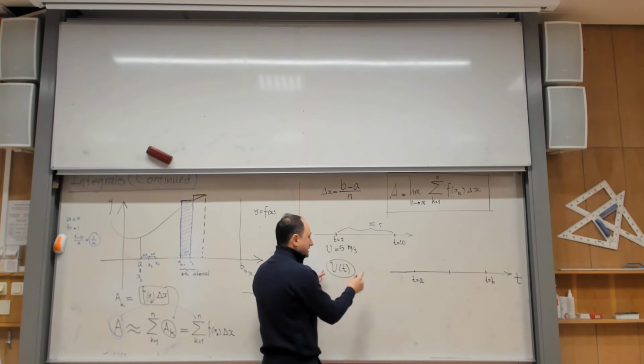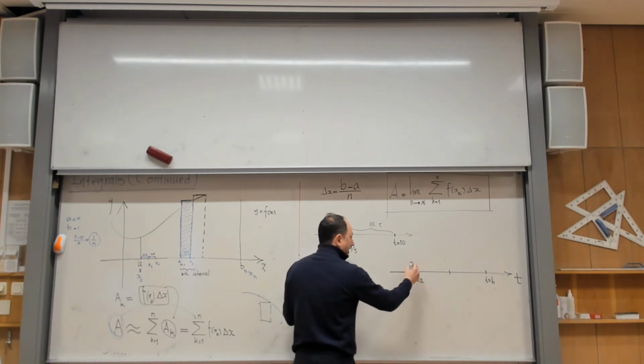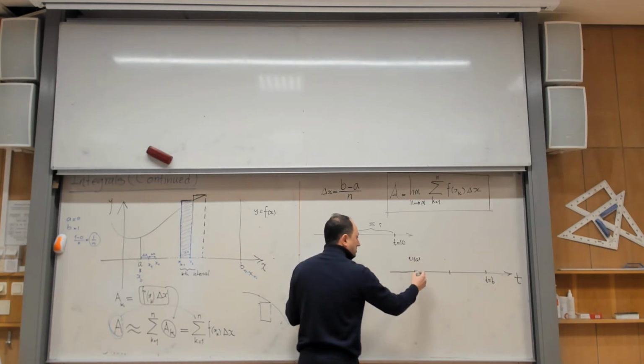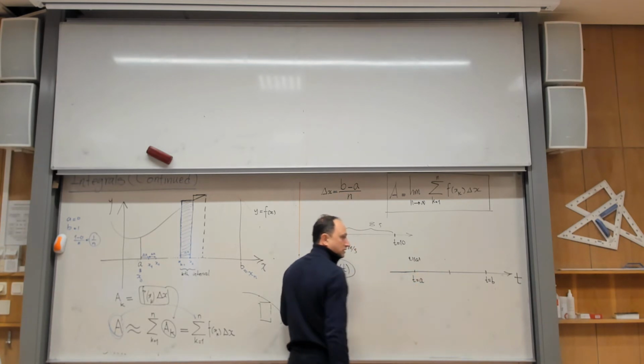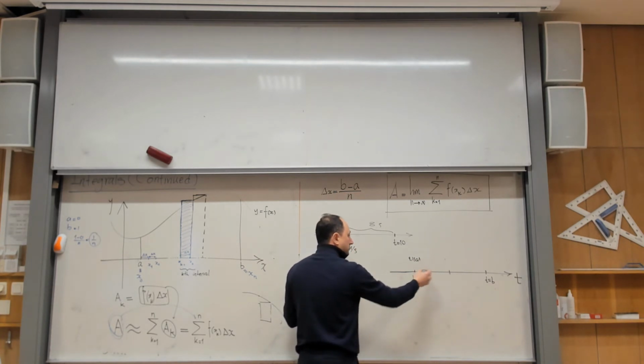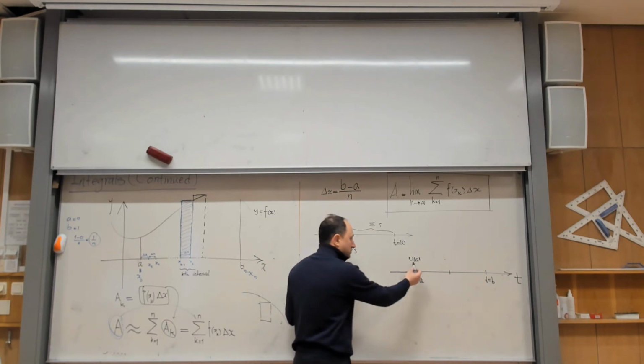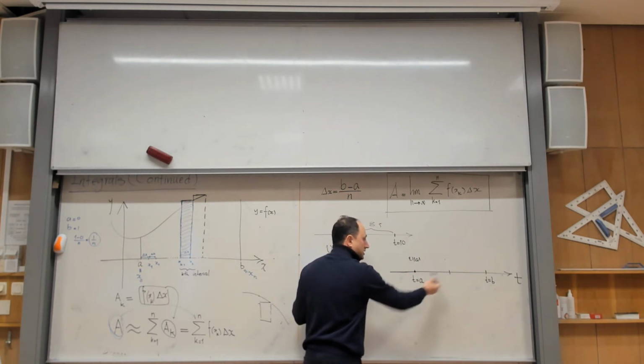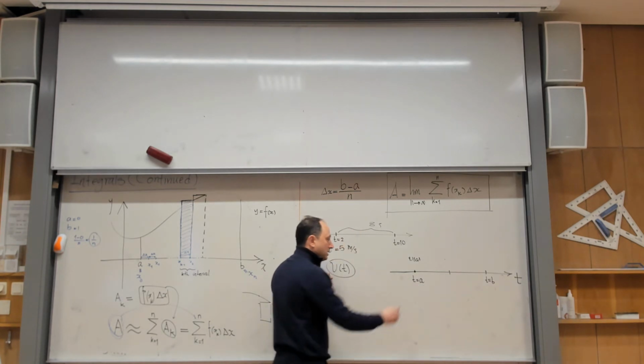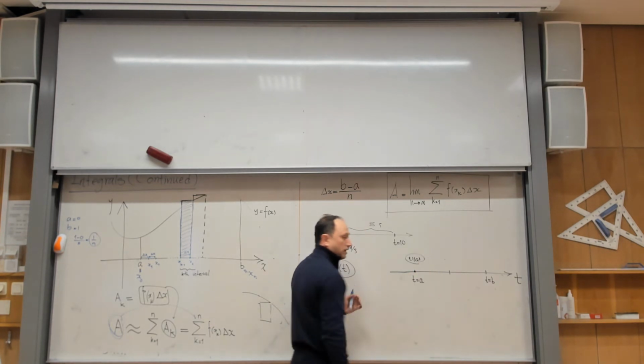But you can pretend that your value is a constant value, v of a. You can approximate all these velocities with the value of the velocity at this point. Of course it is wrong, because this particle might have different velocities in the middle. But you can approximate it with a constant v a.